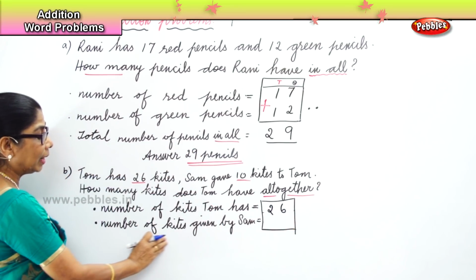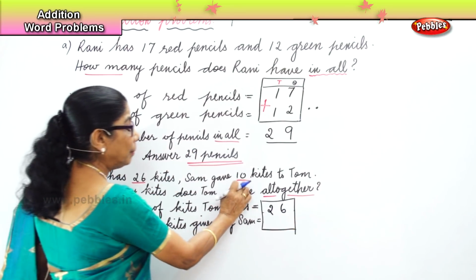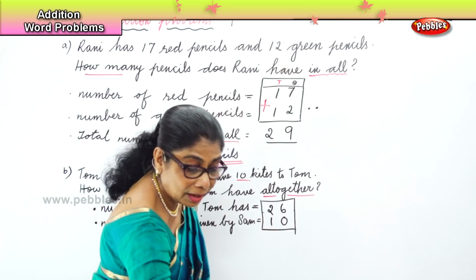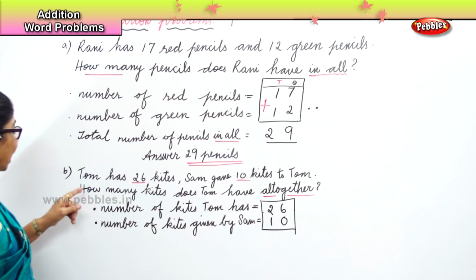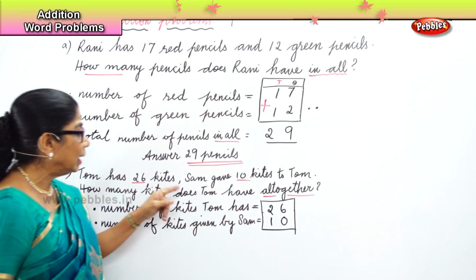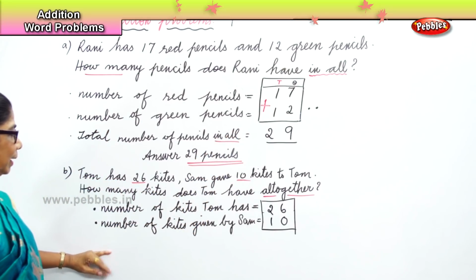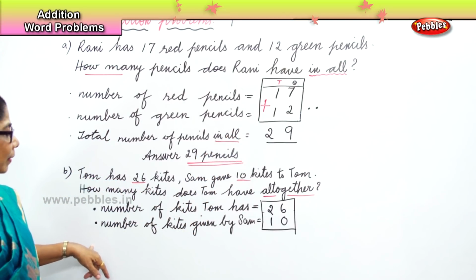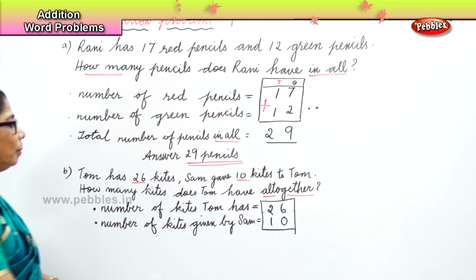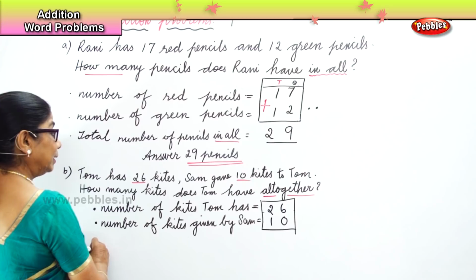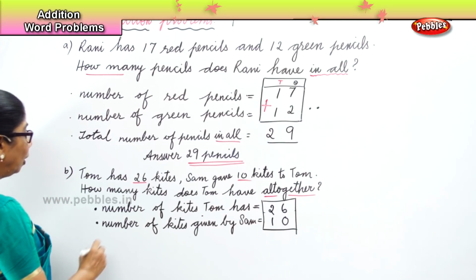What is the number of kites given by Sam? 10. Now, what is the last statement? What does it say? How many kites does Tom have altogether? So the last statement is the total number of kites Tom has altogether.